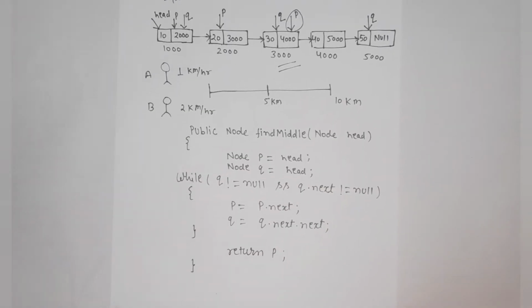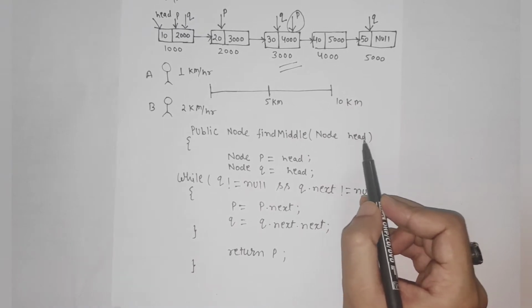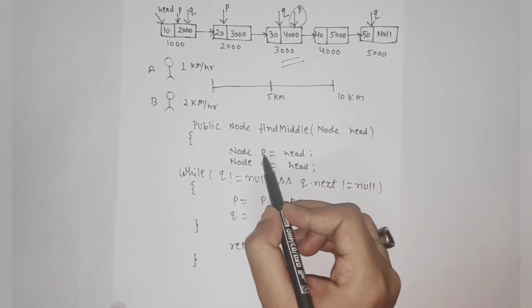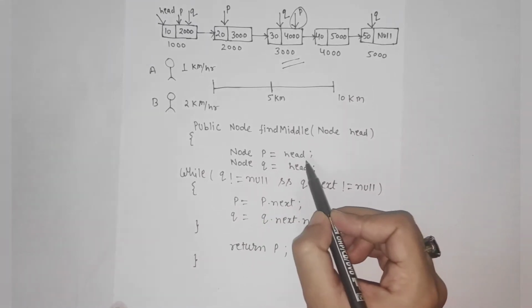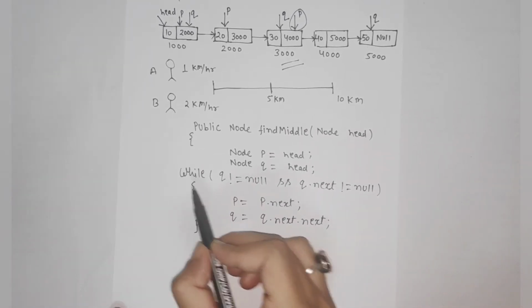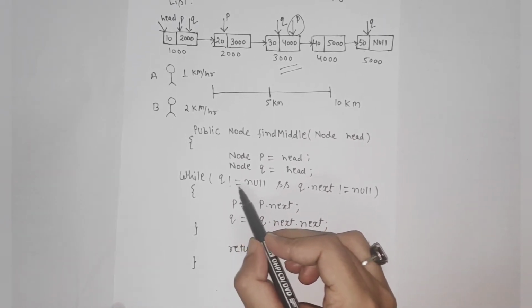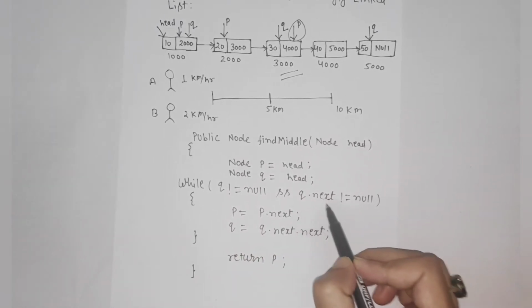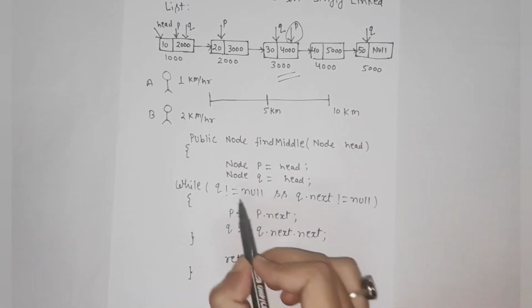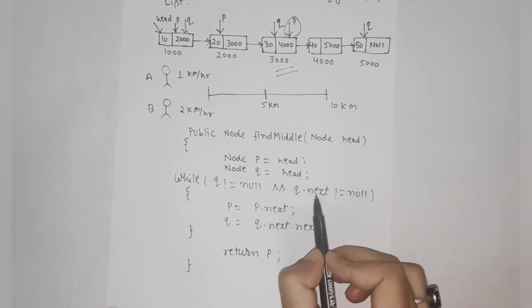Now let's see the program. Here in the input we are taking the head node as the input. We are taking 2 pointers P and Q and we are assigning both of them to head. After that we are iterating with the while loop. We have made the condition like Q not equal to null and Q next not equal to null. Suppose these conditions are true, it means we have some elements in our linked list.